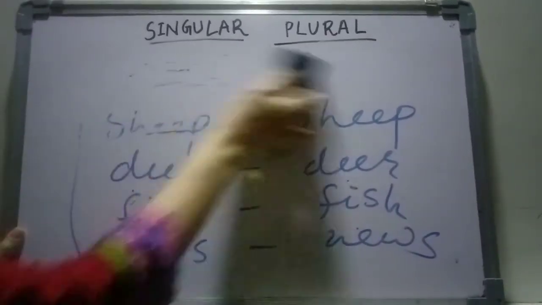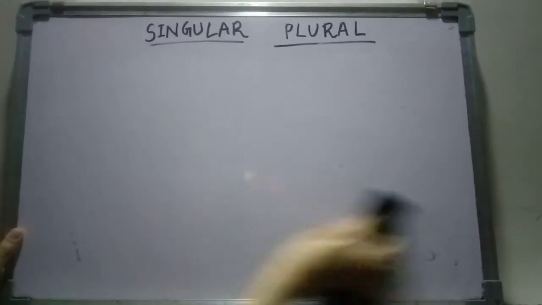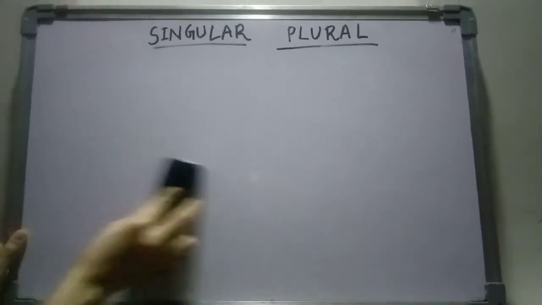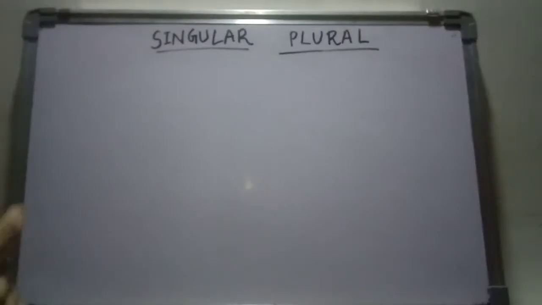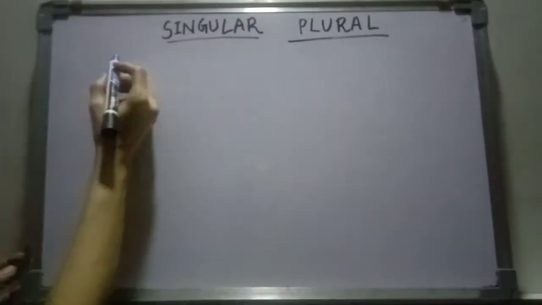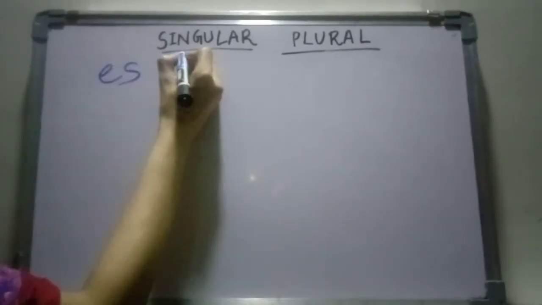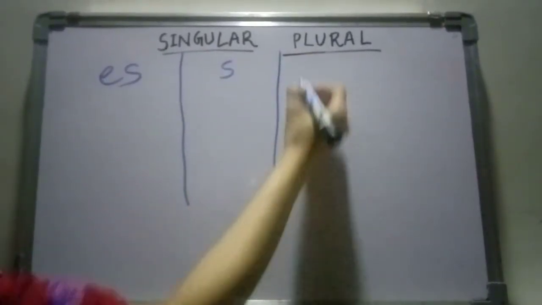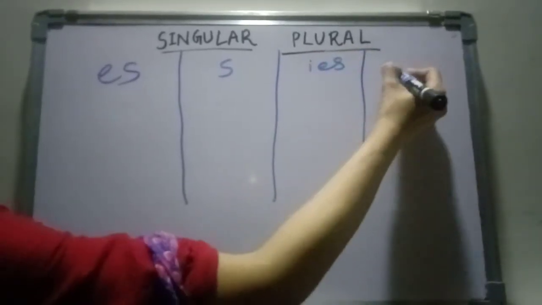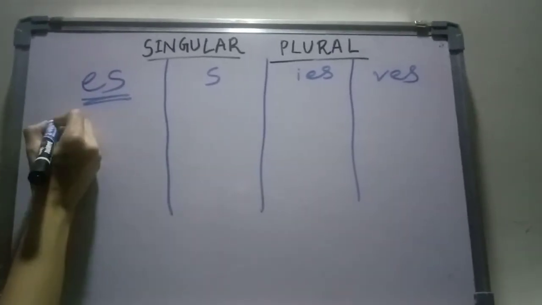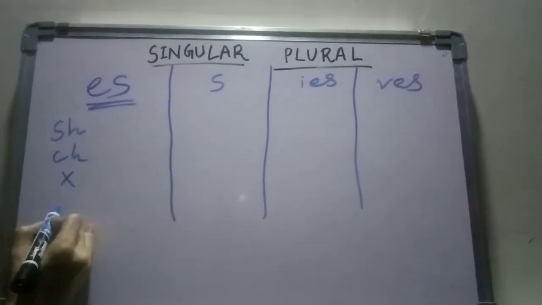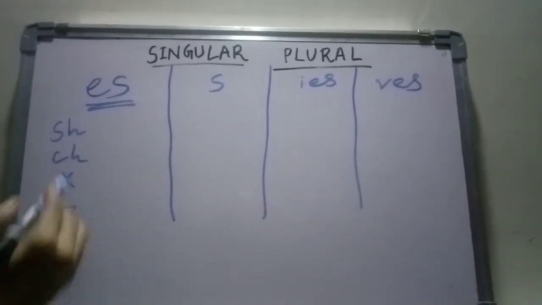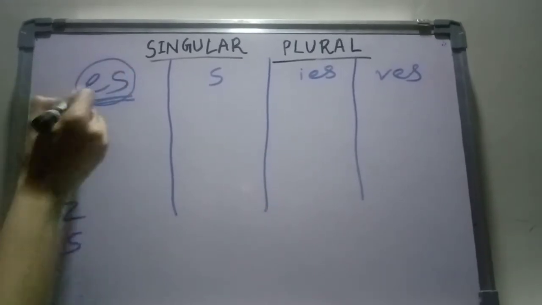So, before signing off, I will take a quick recap of what we have learned today about singular and plural. Now, a quick recap. For words for which we have to add es, s, ies, ves. Words ending with s, h, ch, x, z, we add es to that word.